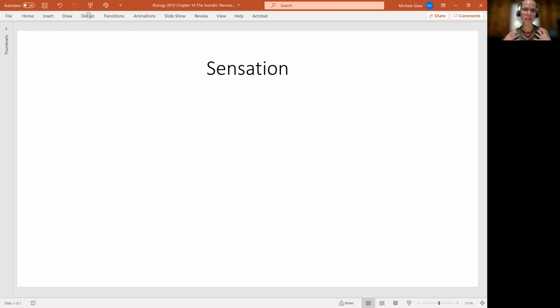When we talk about sensation, what we're talking about is the activation of sensory receptor cells at the level of the stimulus. So this is kind of our definition for sensation.